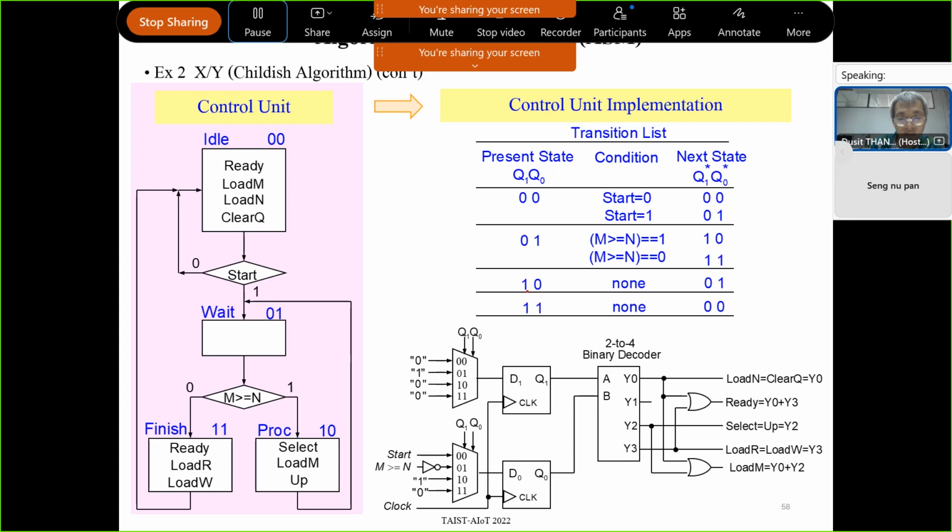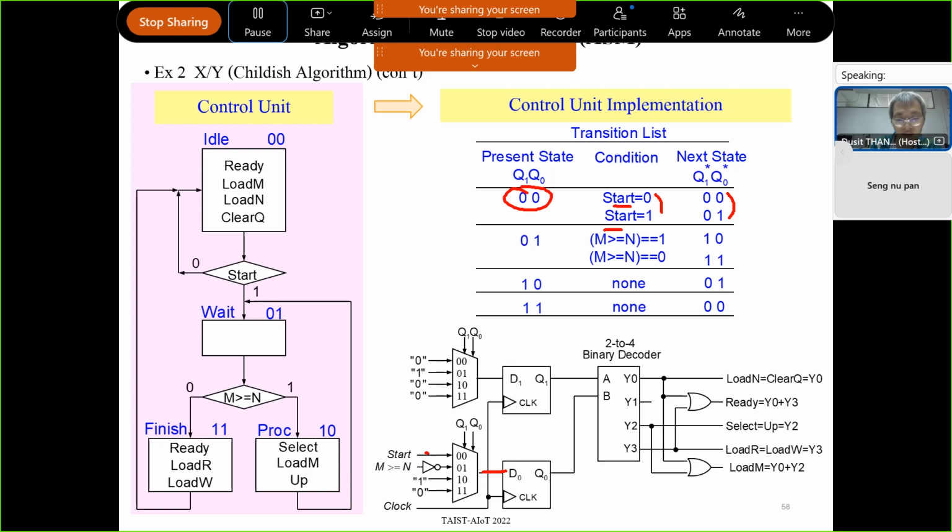And for state 10, when Q1 is 1 and Q0 is 0, the value of Q1 star is 0, so you feed 0 here. Similarly, for state 11, it should be 0, so apply 0 here. And for Q0 star, which is from D0, for state 00 it's the same value as start, right?